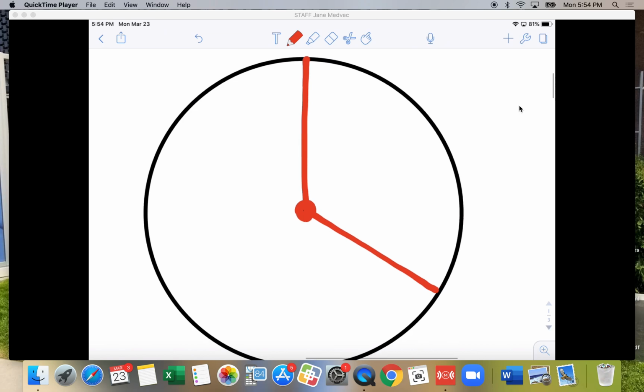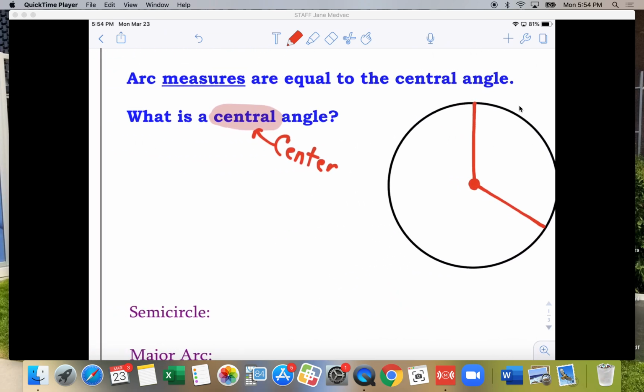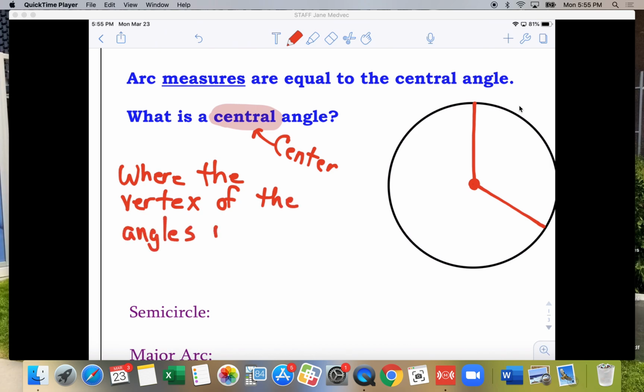So a central angle is where the vertex of the angle is at the center of the circle.